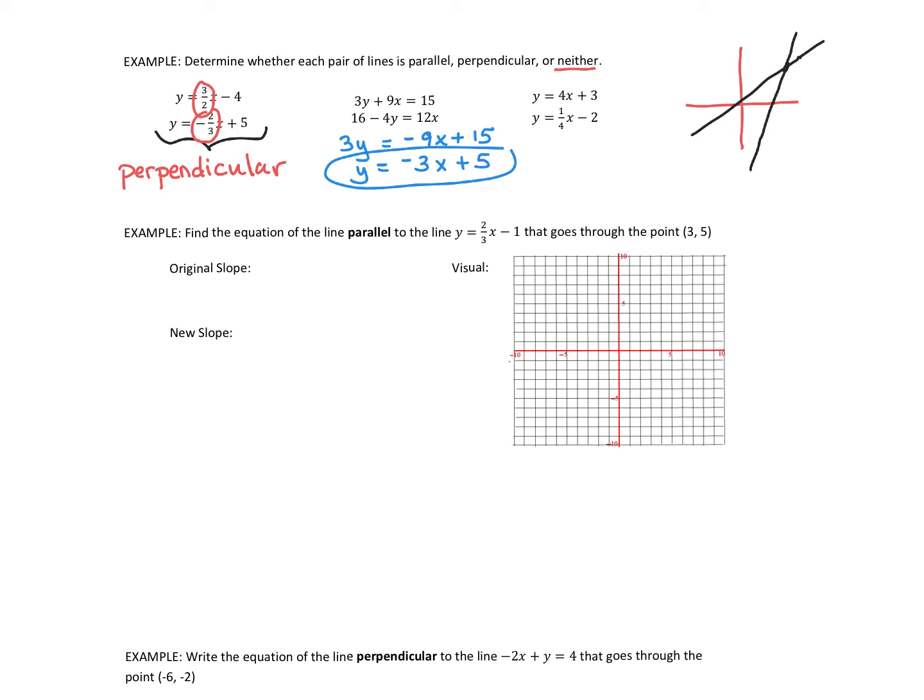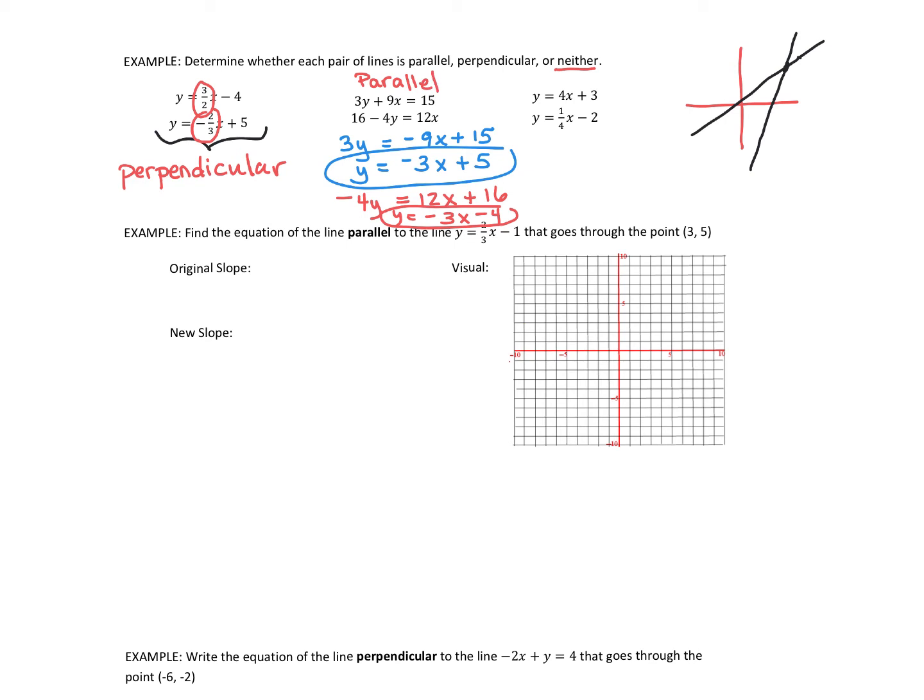The second line is going to be negative 4y equals 12x plus 16. And if I divide by negative 4, this is going to give me y equals negative 3x minus 4. And you can see on this one that these slopes are the same, so these two lines are parallel.